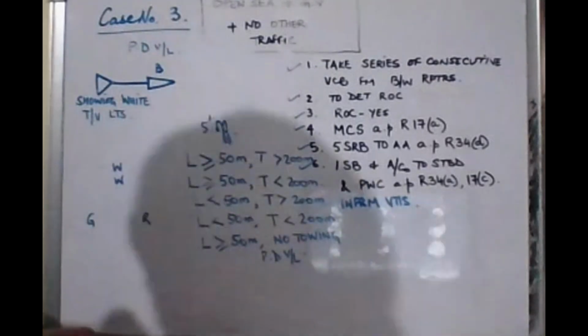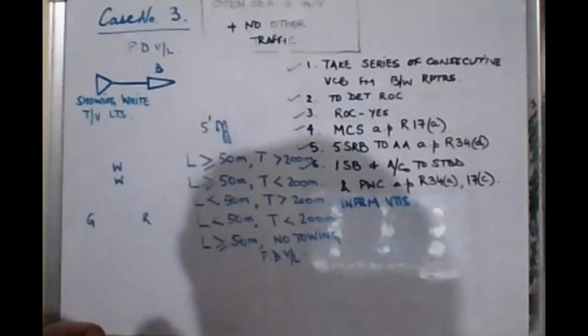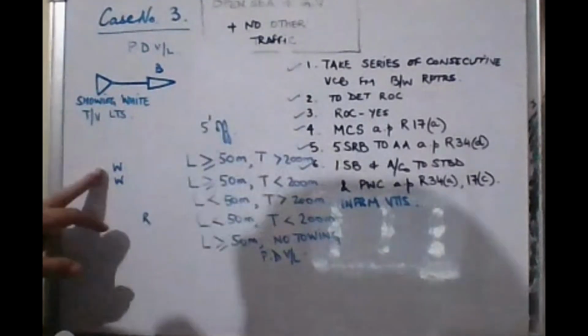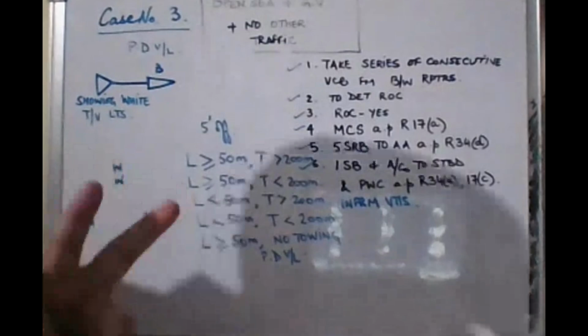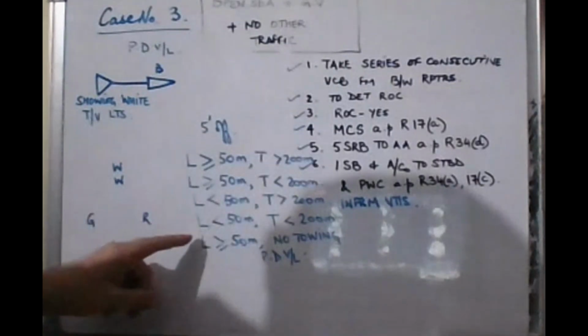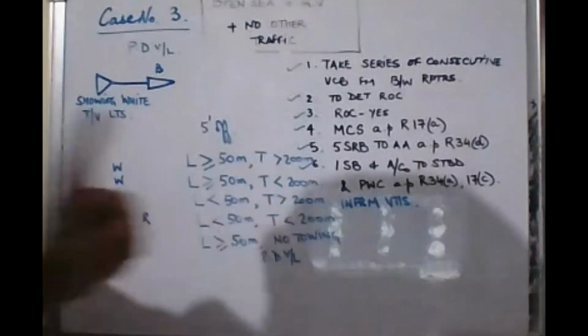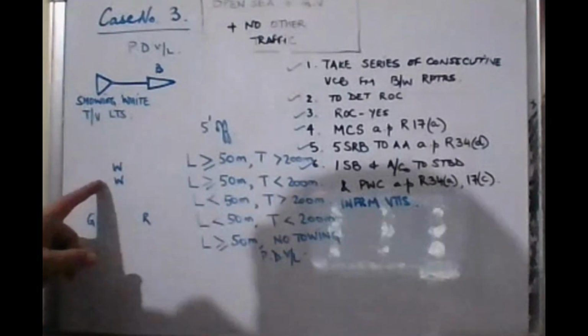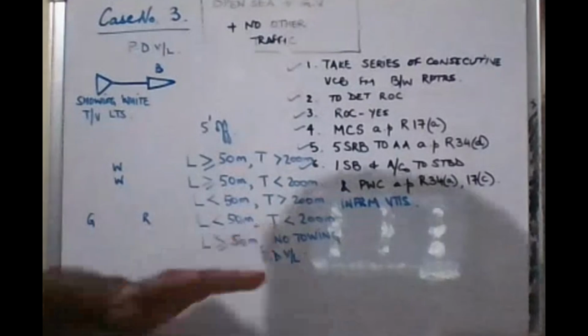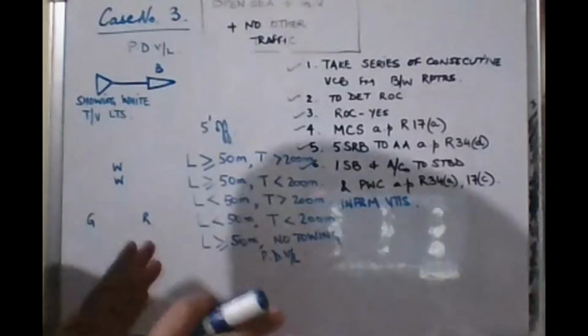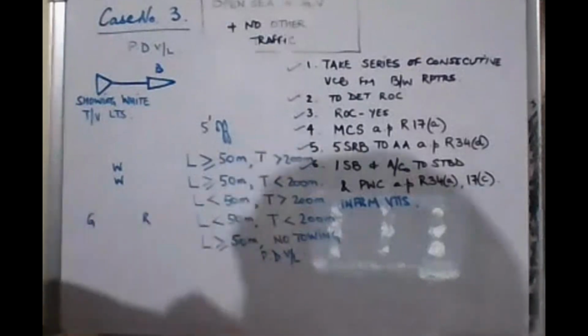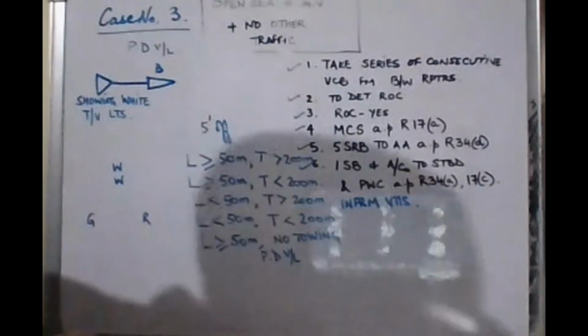Can this be this vessel? Yes, sir. So again, this case also has two choices. You can have length less than 50, tow less than 200, or you could have a length probably 50 meters or more, not towing, just a power-driven vessel. There's no towing. You're seeing it from right ahead. Got that?